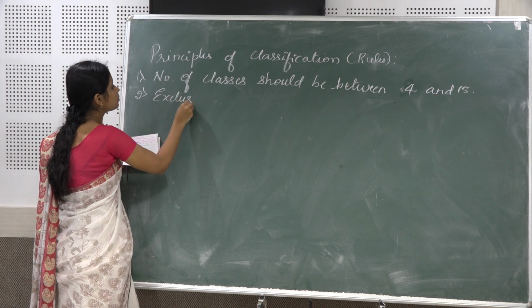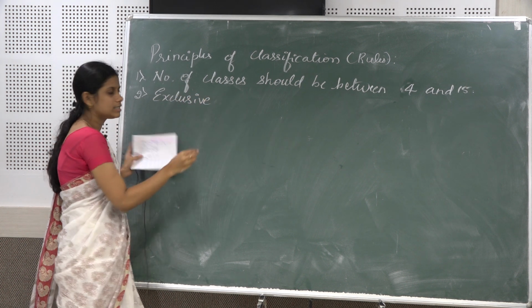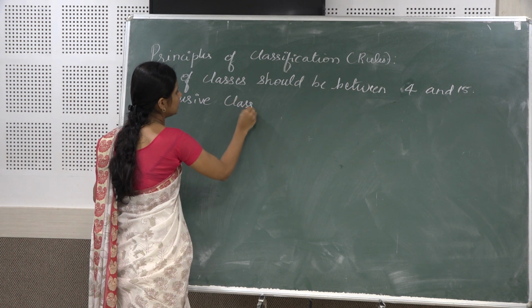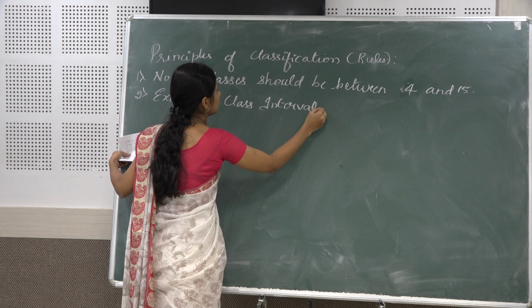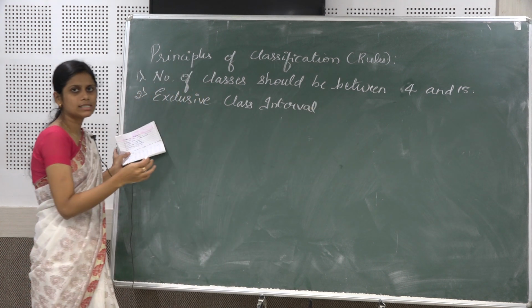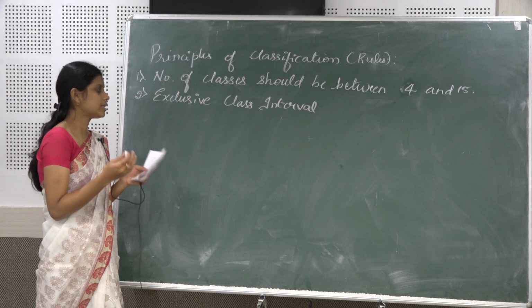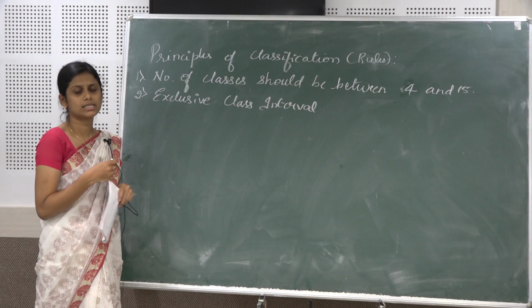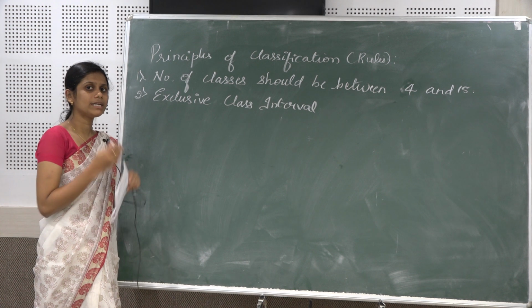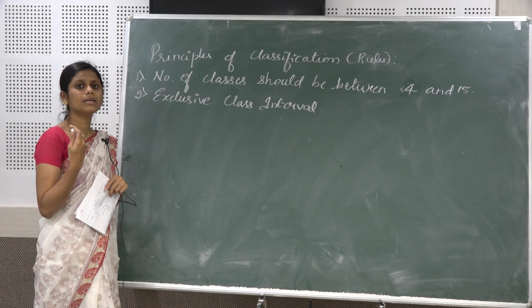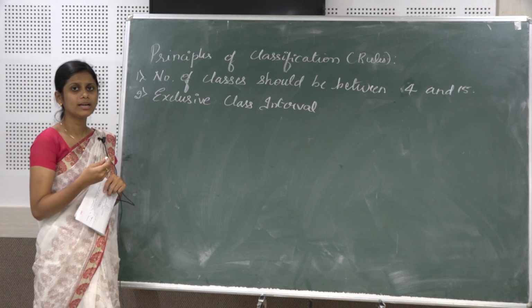Next, the second one is, while framing the frequency distribution, as far as possible, you have to frame exclusive class intervals. Why? Exclusive classes I have explained in the last class itself. What is an exclusive class and what is an inclusive class? In an exclusive class, the lower limit is included in the same class, but the upper limit is excluded and included in the next class.